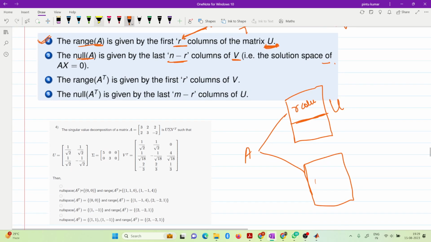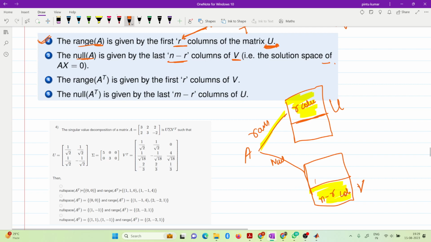The nullity part is given by the n minus R columns of the V matrix.